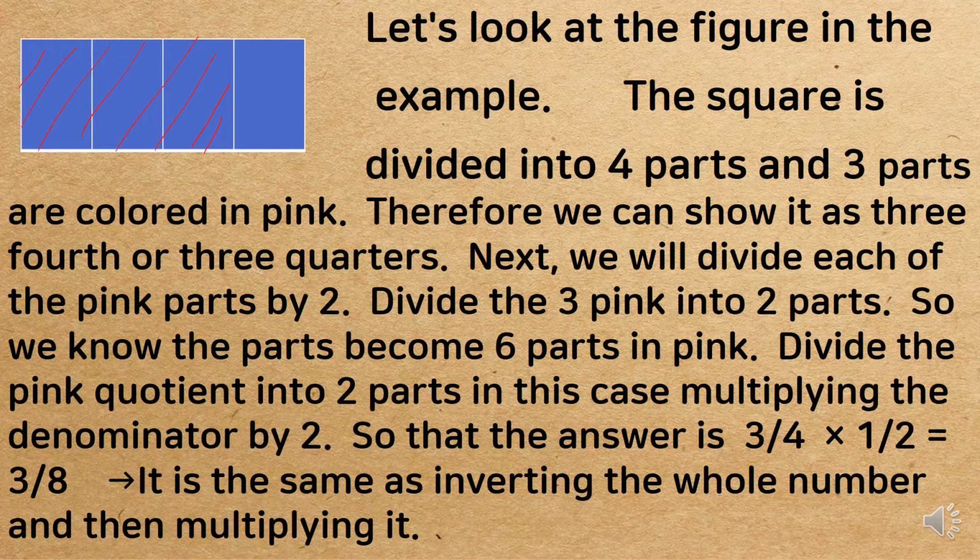Next, we will divide each of the pink parts by 2. Divide the 3 pink parts into 2 parts. So, we know the parts become 6 parts in pink. Dividing the pink quotient into 2 parts, in this case, means multiplying the denominator by 2.